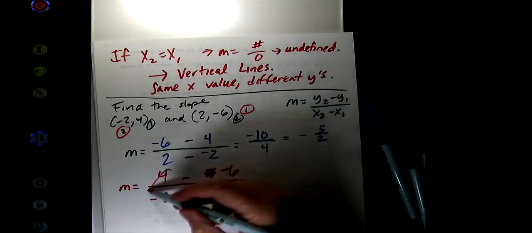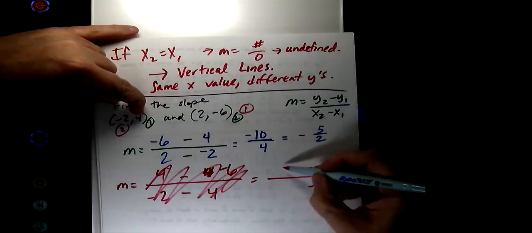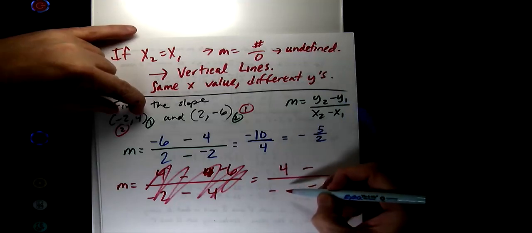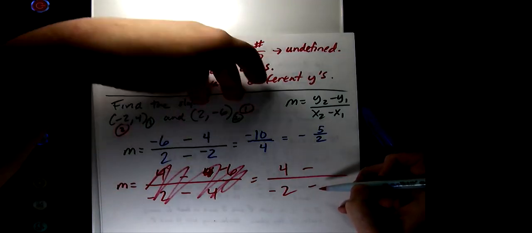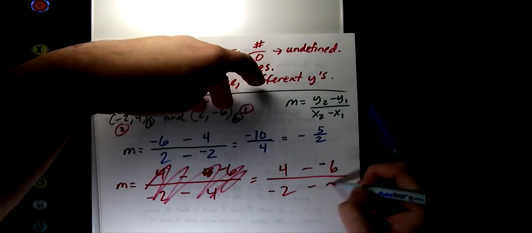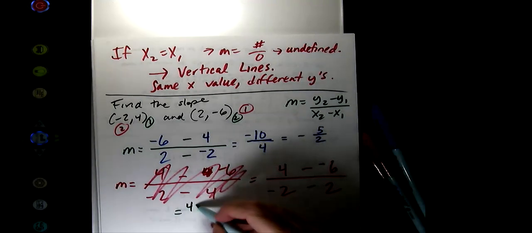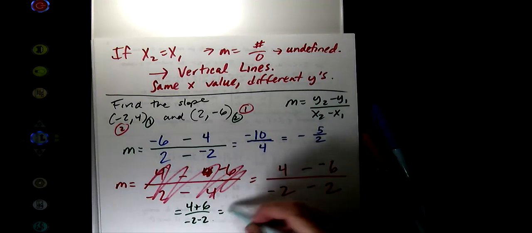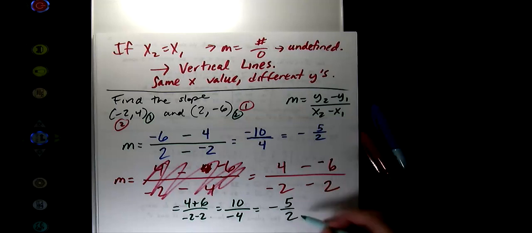Yes, let me try this again. Y2 is 4. X2 is -2. How did I mess this up? -4. I mixed these up, didn't I? Yeah, -4. So y1 is -6 up here, and that's negative, that's +2, okay, that's what I messed up. I'm getting a different answer, this is not working. I get 4 + 6 over -2 minus 2, which is 10 over -4, the negative's on bottom here. But again, that simplifies to -5 over 2.